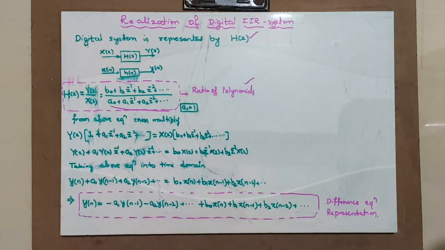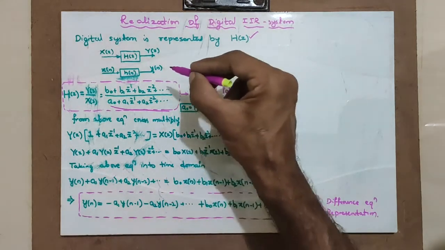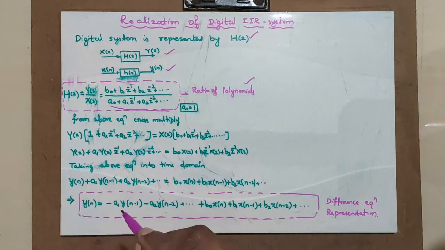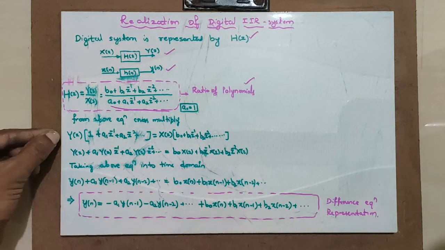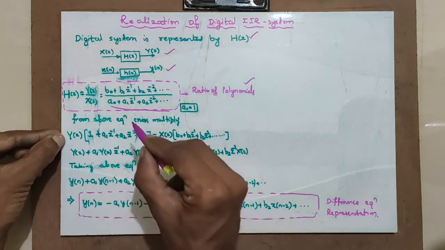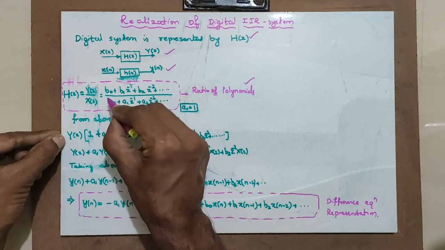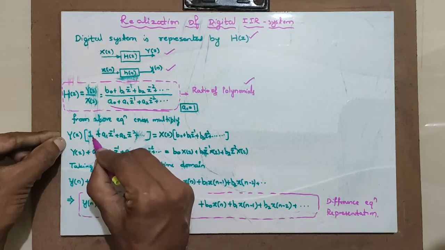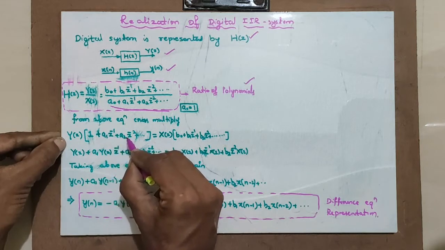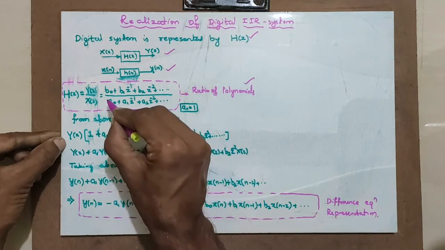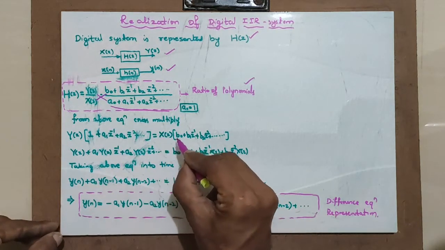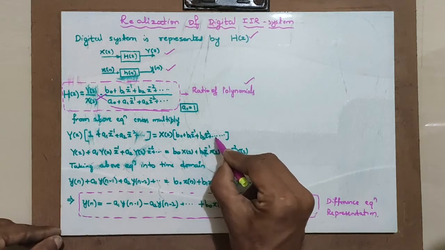Now, another way of representing it is the difference equation representation, that is, how to represent it in the time domain. This is the first way, as I represented, the ratio of polynomials. The second way is the time domain representation. What I do is just cross multiply this equation. Y(z) multiplied by 1 plus a1 z^-1 plus a2 z^-2 plus so on is equal to X(z) multiplied by b0 plus b1 z^-1 plus b2 z^-2 and so on.